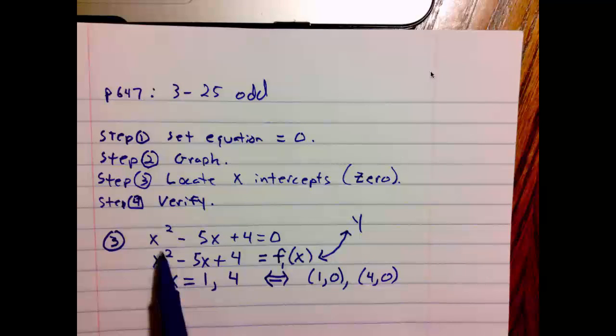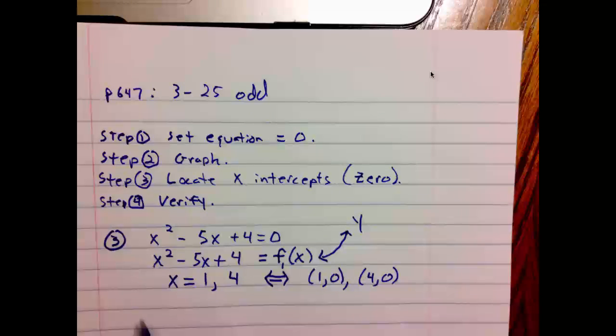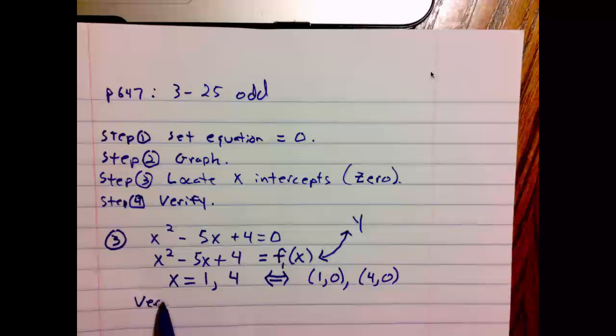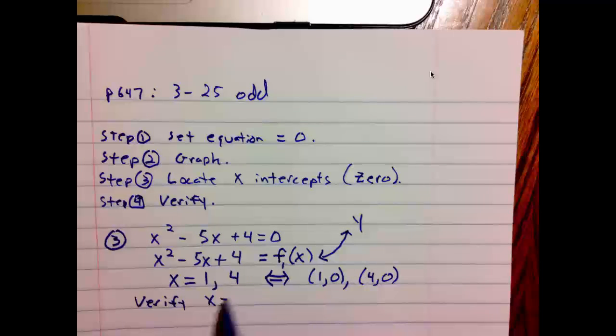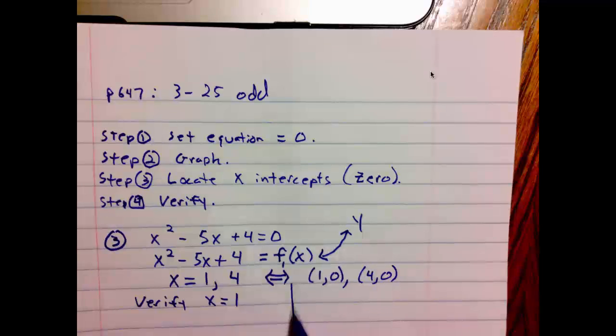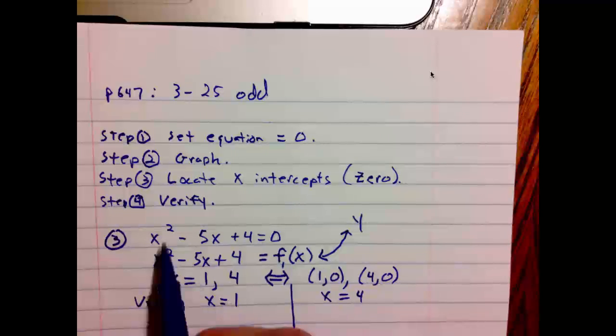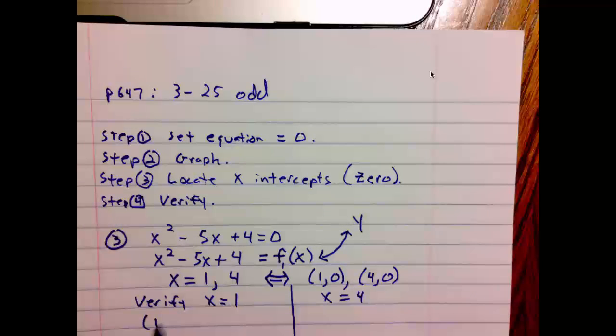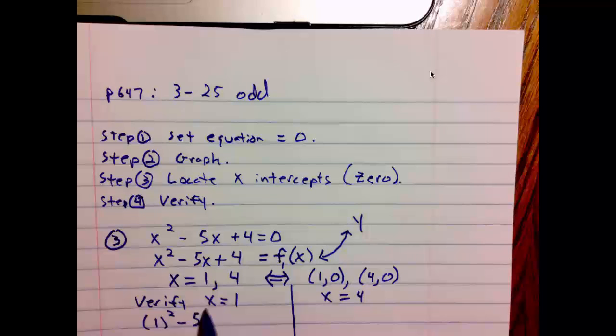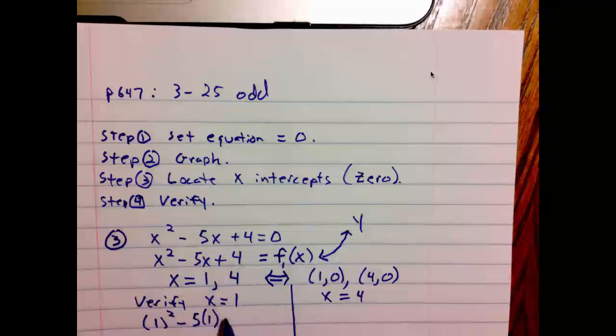I'm going to substitute 1 in place of x. So, verify. X equal 1, and then separately x equal 4. Well, substituting 1 in place of x, I get 1 squared minus 5 times 1 plus 4. Is that equal to 0?